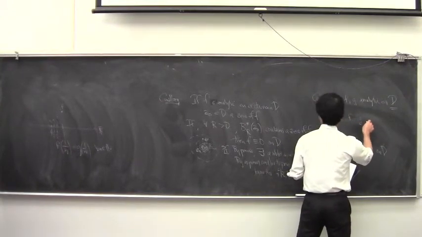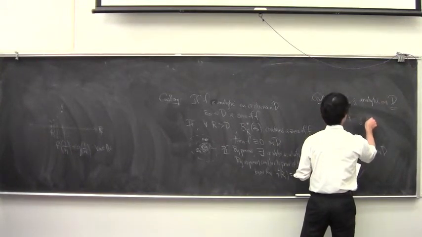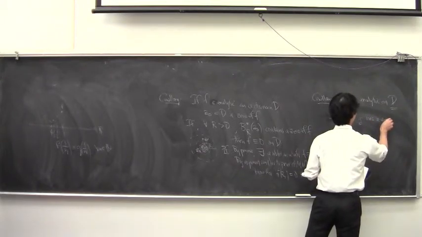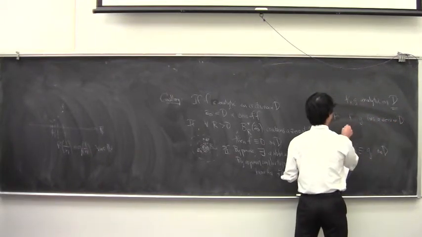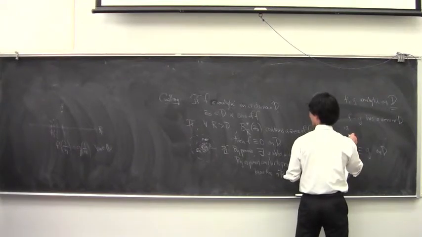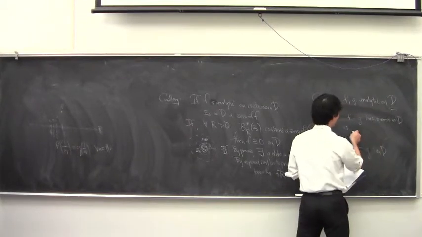If f minus g has a 0 b such that every neighborhood contains a 0. Right?